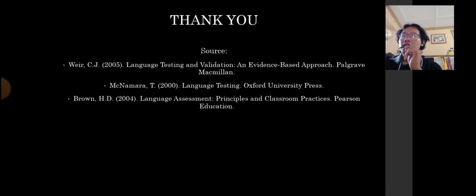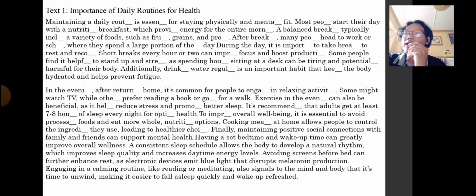Okay, I think that's all for part 1. I will move on to part 2. Okay, for part 2, I will present both C-tests. For text 1, there are 45 blank words, and you must fill in the blanks with the correct words.